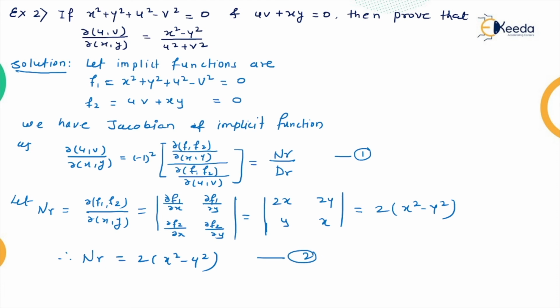Now we have to calculate the denominator. The denominator is the Jacobian of f1, f2 with respect to u, v.